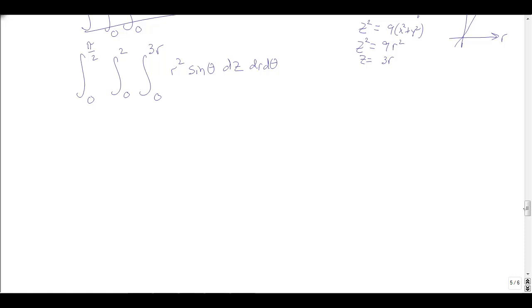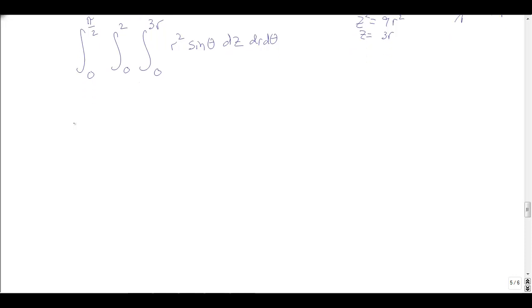Okay, so now it's just a matter of integrating. What we get, we're going to integrate r first. Oh no, sorry, not r first. Z first. We're going to integrate z first.